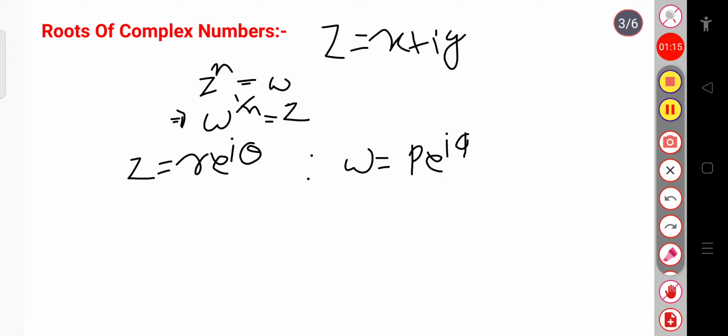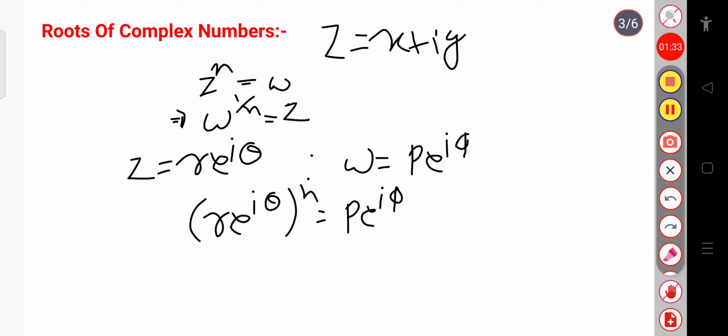Okay. Now if I write z power n, that is r exponential I theta power n, that will be equal to w. It means that this will be equal to p exponential iota phi, because z power n equal to w.